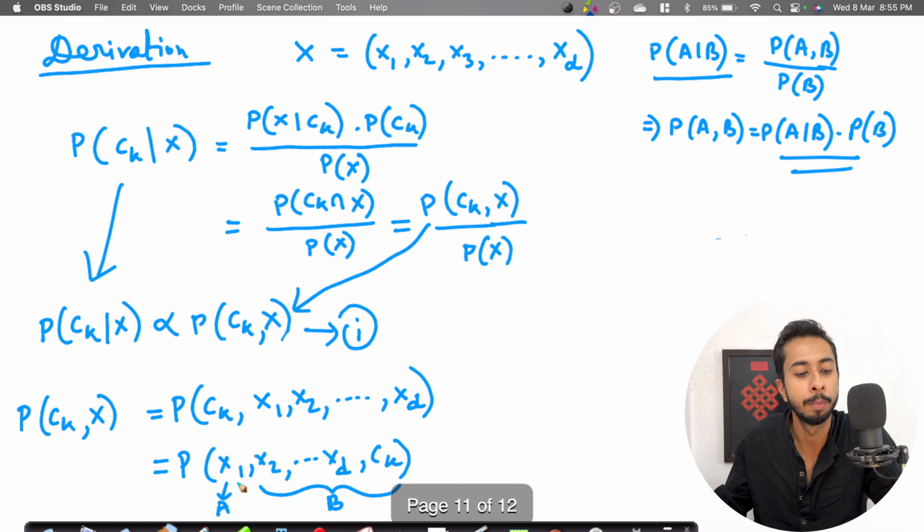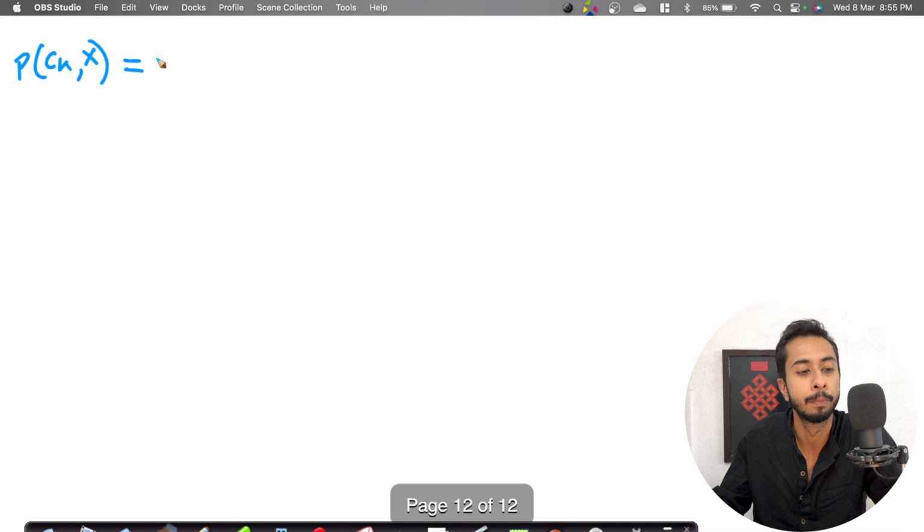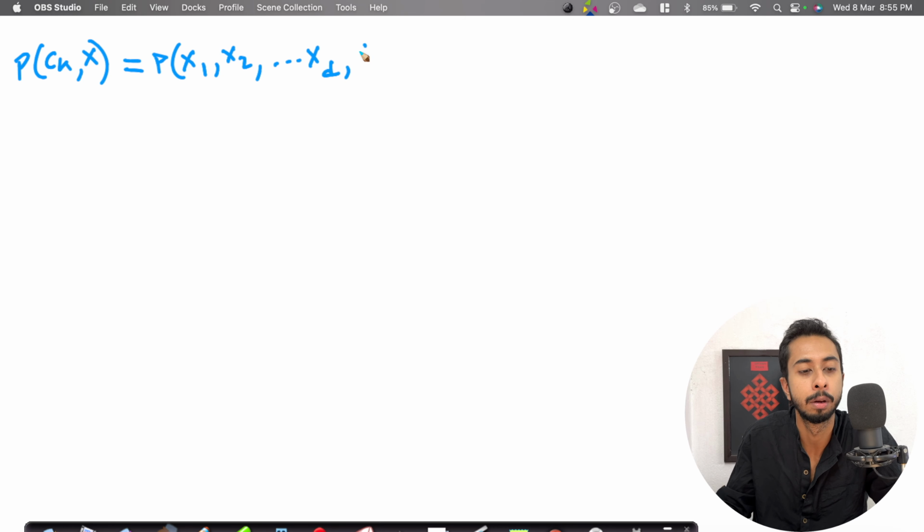what is it? Probability of, I'll again write it. Okay, probability of x1 comma x2 up to xd comma ck. Now I am just assuming these as the A and this entire thing as the B. So what can I write here?